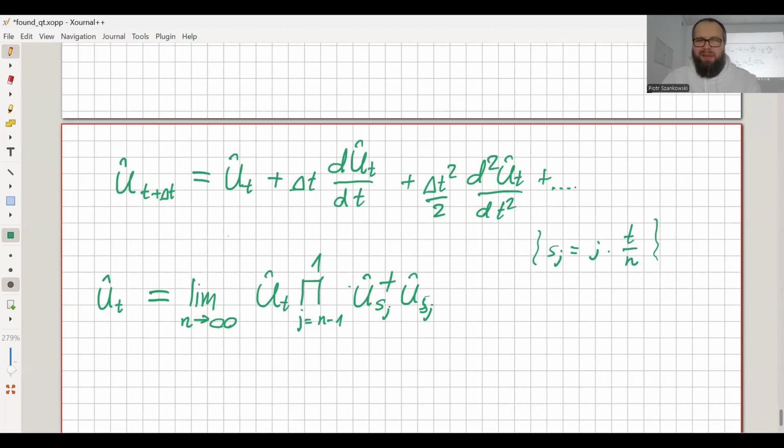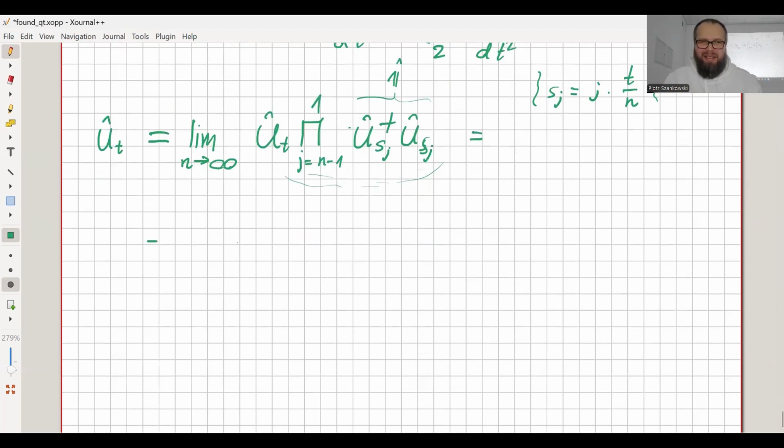Since U is unitary, these factors are just one, so we have a product of ones. We're just multiplying U_t with ones, so nothing has happened yet.